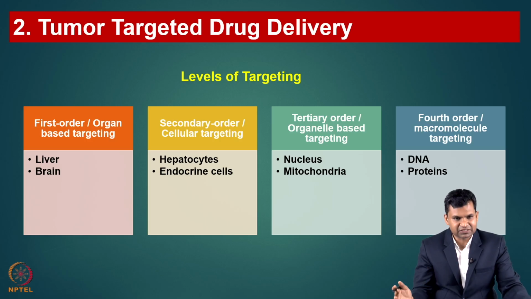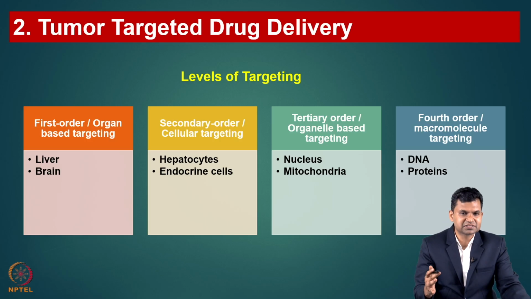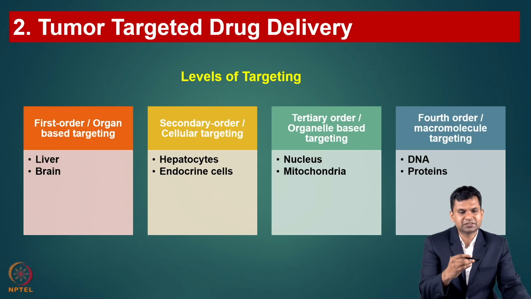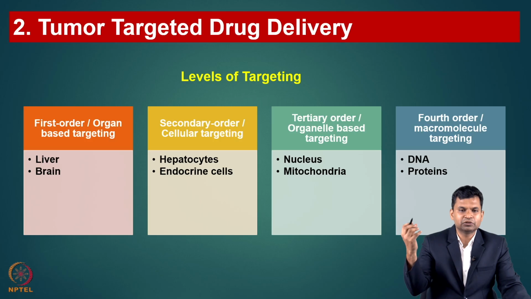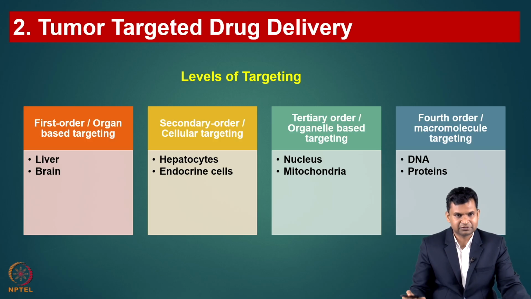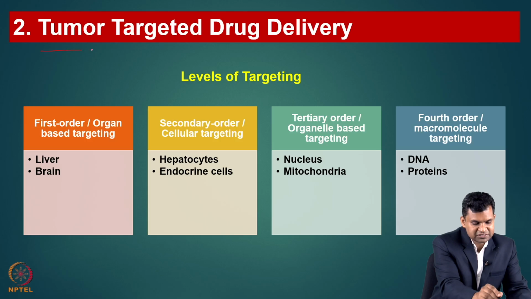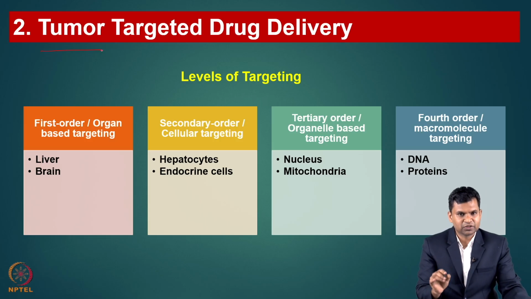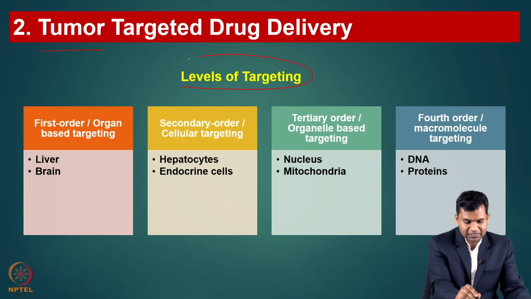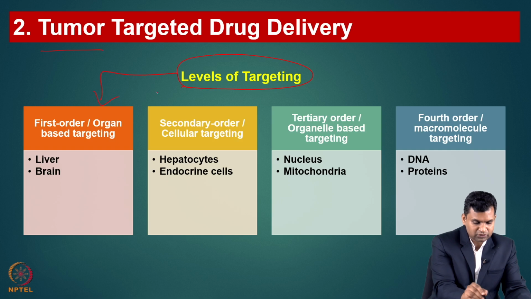So, the levels of targeting, we have discussed based on the order, based on the target site, we can utilize it for the treatment. Here for the tumor, we are going to see specifically for the tumor. The levels of targeting can be classified into 4.